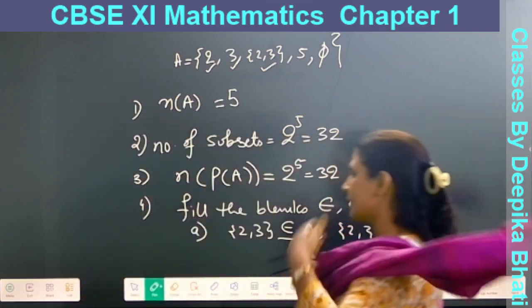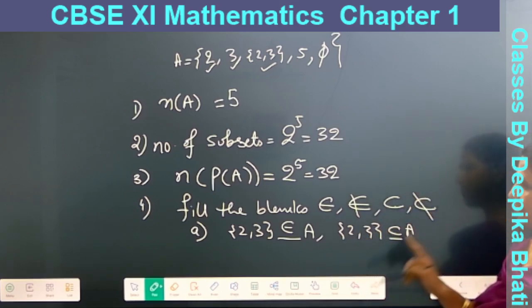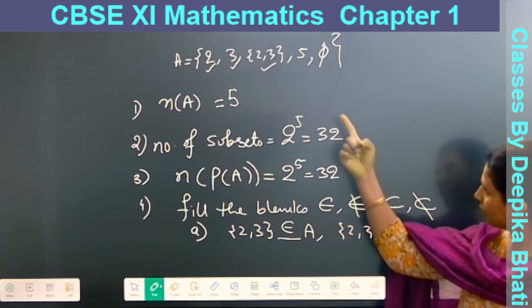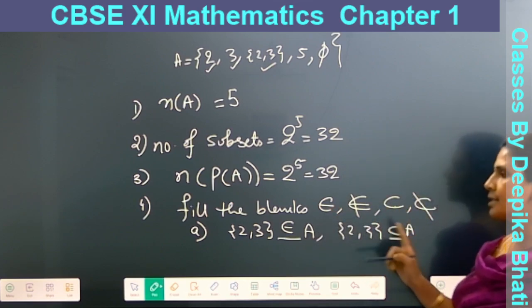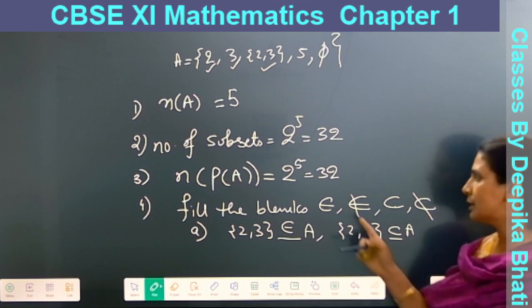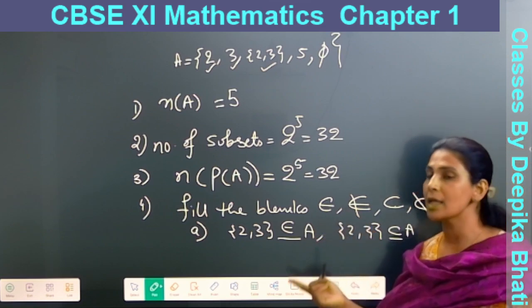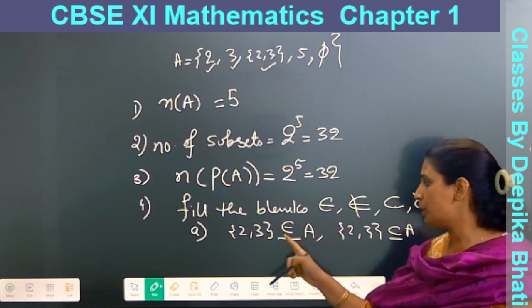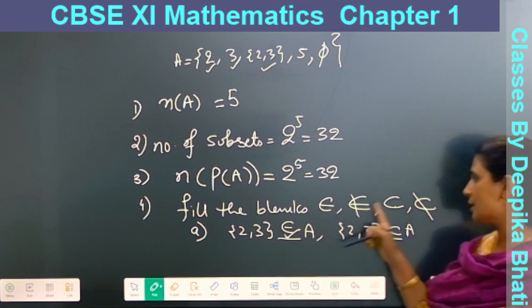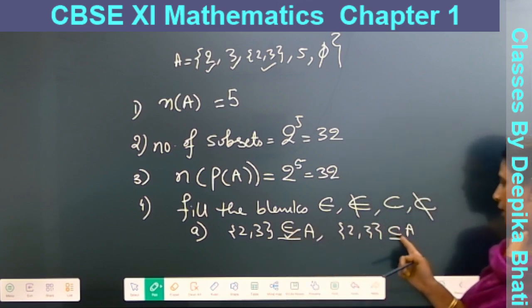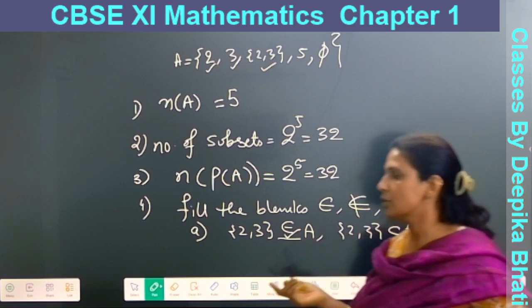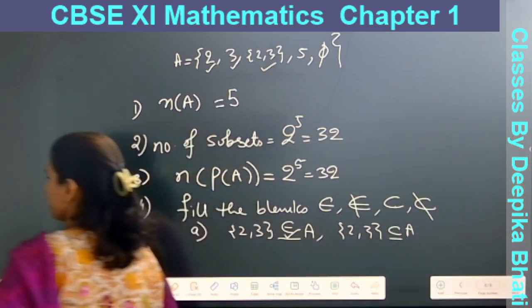For this particular example, 2 comma 3 is a subset also because 2 and 3 both are part of the set. So here both the options are correct. So this type of question can be asked in MCQ. What should be the appropriate answer? Belongs, this, both, or none of these? So we can write both belong and subset. So this can be asked in this way also.